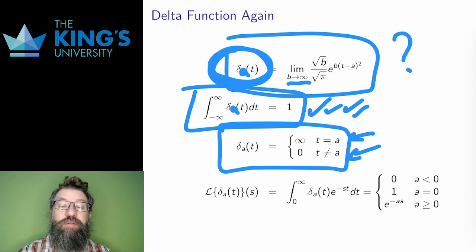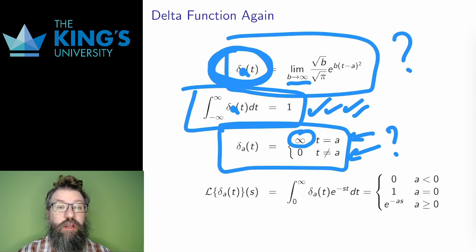Now obviously infinity is not a value, it's not a number, this is not a function. It's a distribution. However, this is a good intuition for the delta function. Think of it as an infinitely tall and infinitely narrow spike at t equals a, but that the area under the curve, so to speak, of that spike is exactly 1.